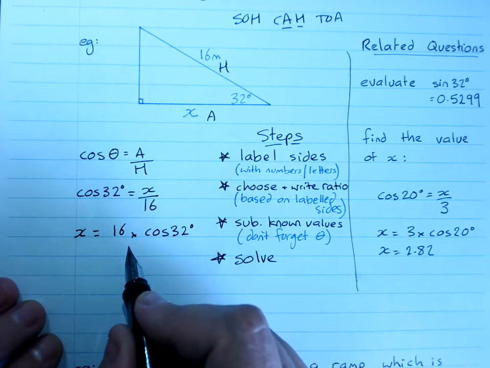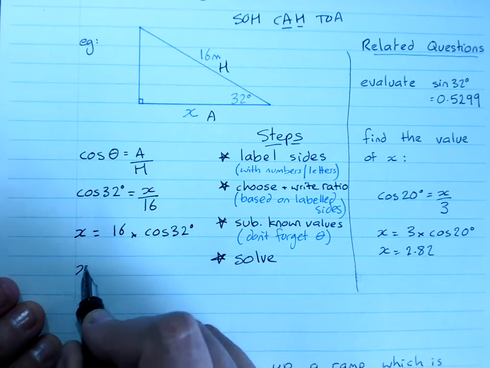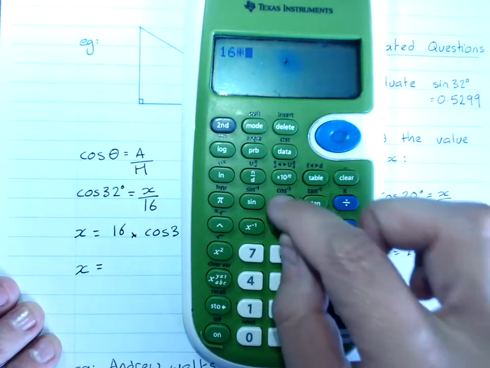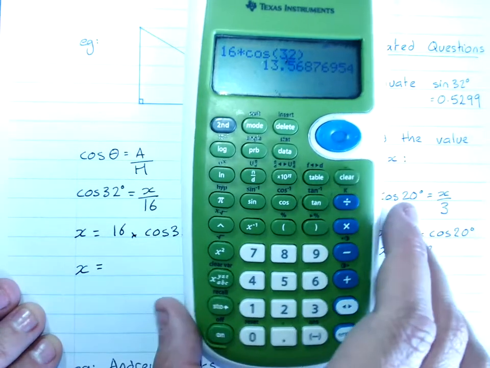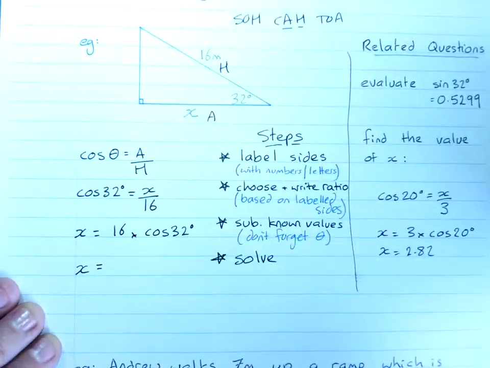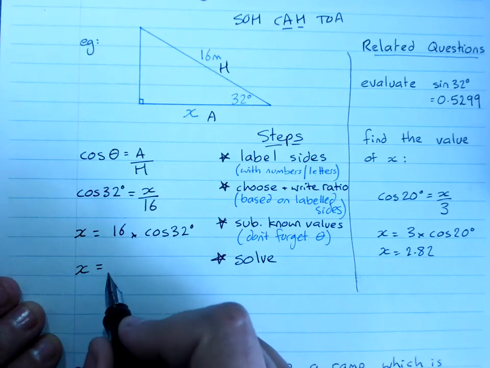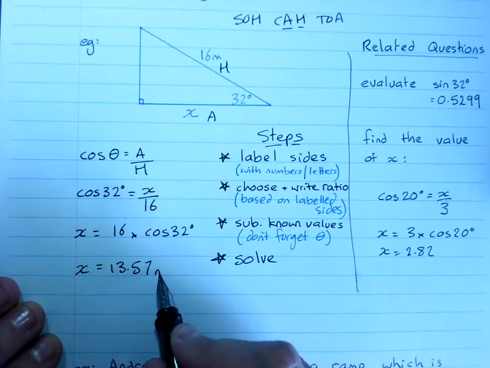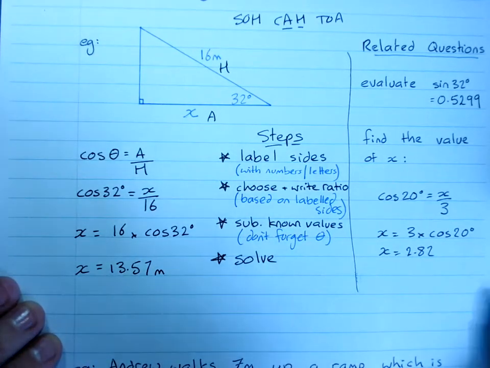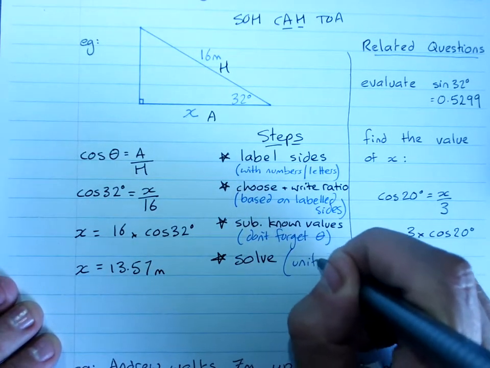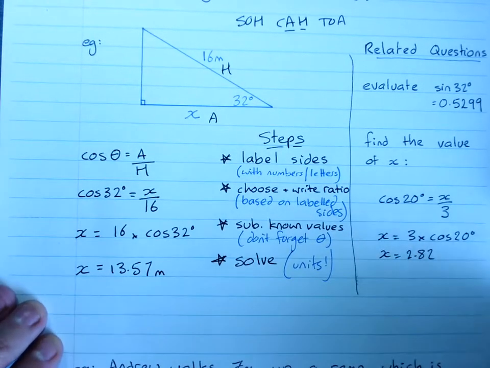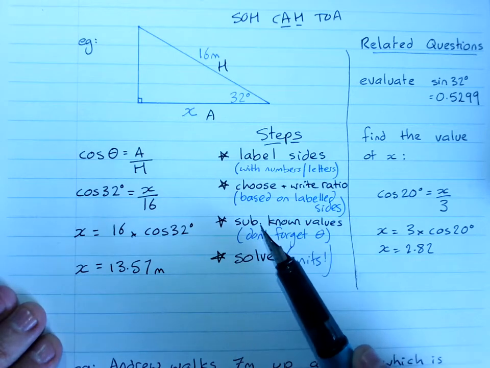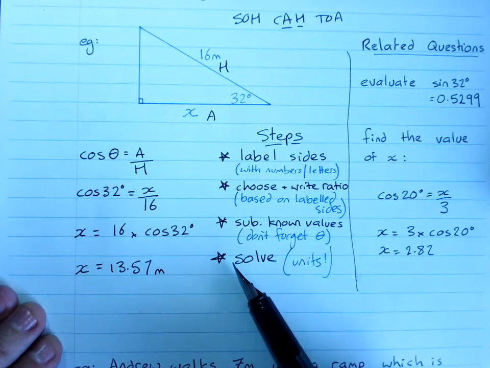You don't actually need the times sign. x equals 16 times cos 32, 13.5687, so x is 13.57, put your units in meters. So that's our steps. Label your sides, choose and write the ratio, substitute the known values, solve for the unknown.